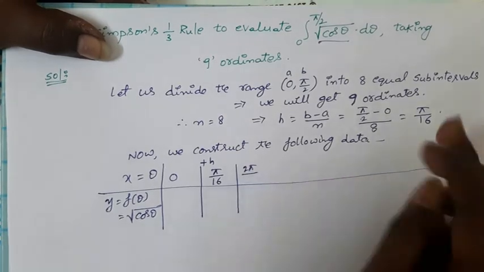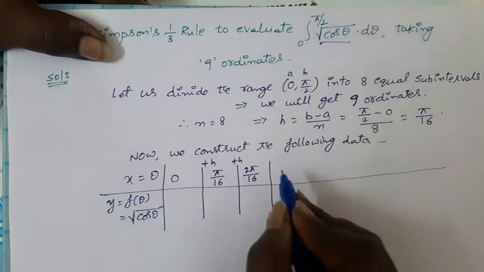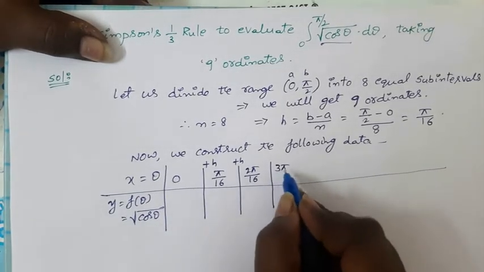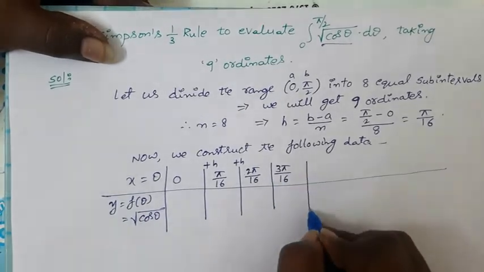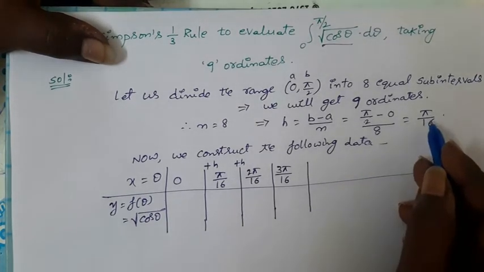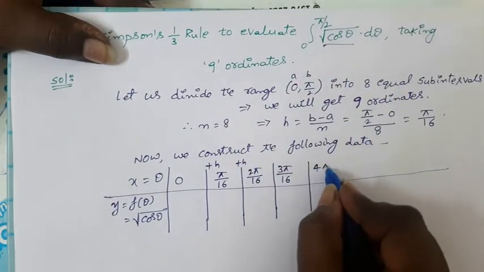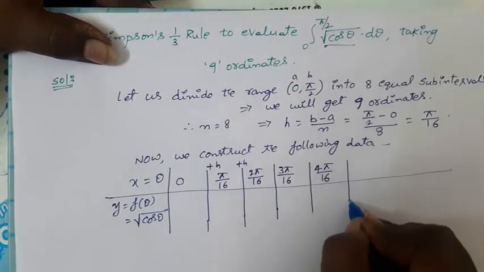Pi by 16 plus pi by 16 again, it is 2 pi by 16. You can add h again, 3 pi by 16. We can add step size h to previous values until we get the upper limit. 4 pi by 16.